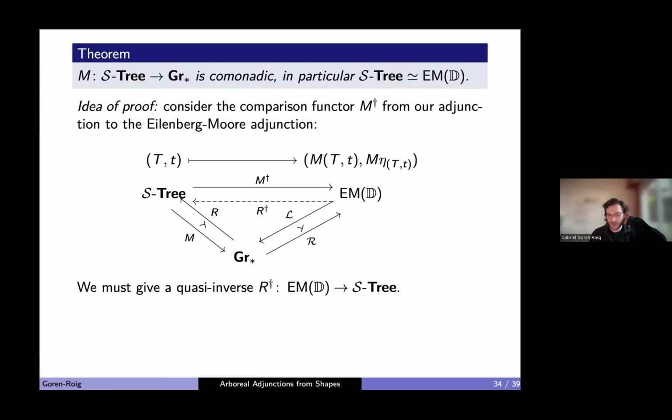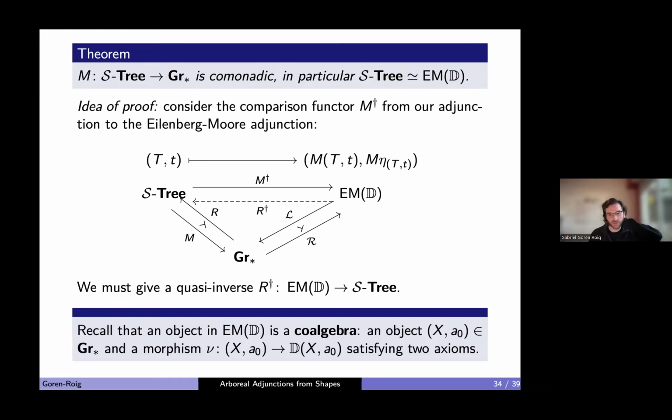And now is where it's really useful that we're concrete over sets. Because what's a coalgebra? It is an object together with a morphism from the object into the comonad applied to that object, and it has to satisfy some axioms.